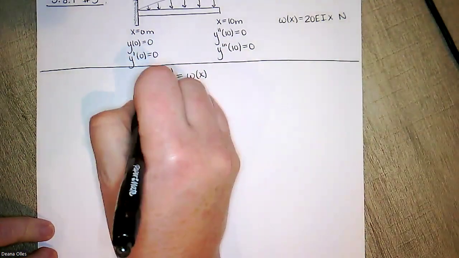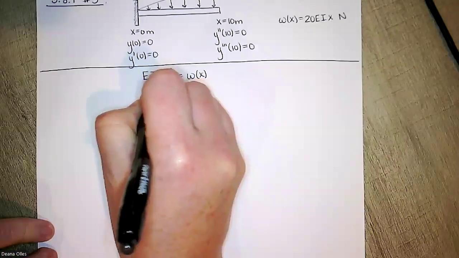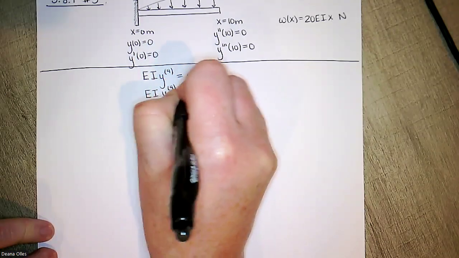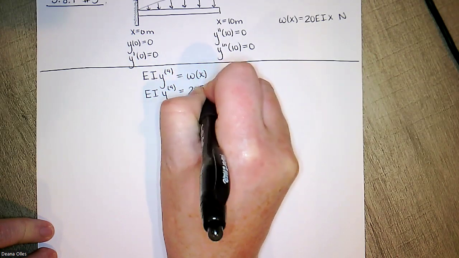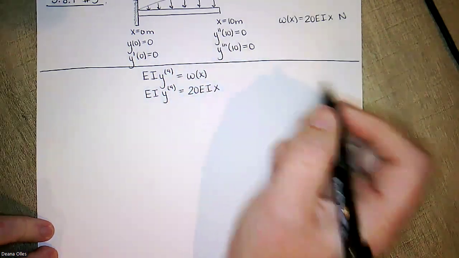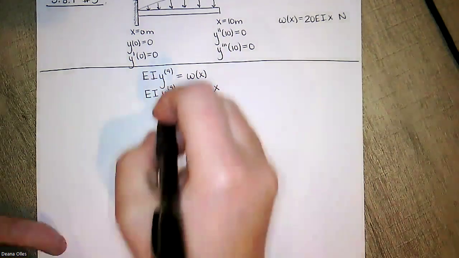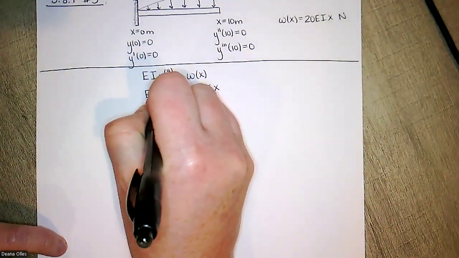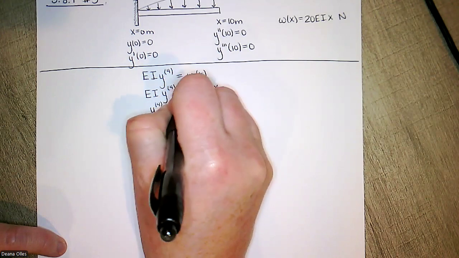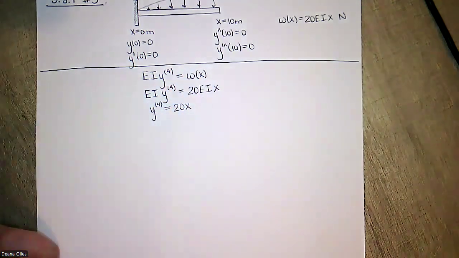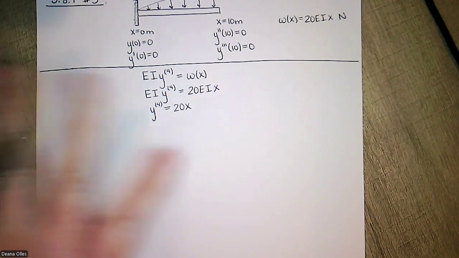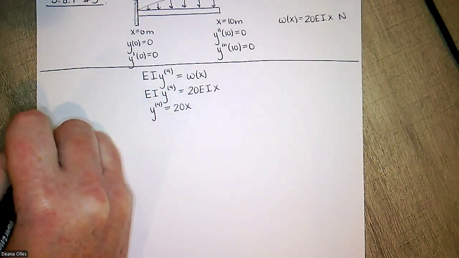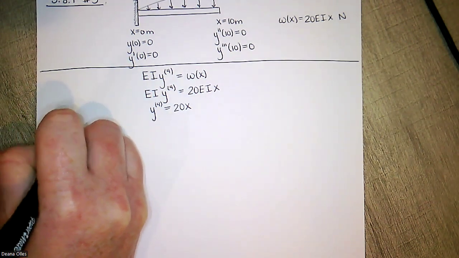Again, you don't have to put the units of newtons in there. And also, putting Young's modulus and inertia into your load per unit length is not typical, but we're doing that so that everything simplifies nicely. It's not messy carrying everything through, because now our differential equation is a nice clean fourth derivative of y equals 20x.